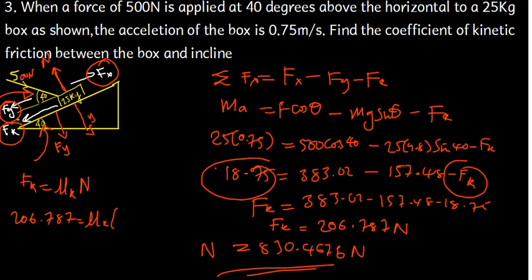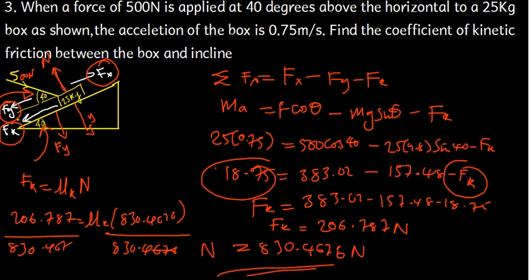The normal force we calculated as 830.4676. So we divide both sides by 830.4676.